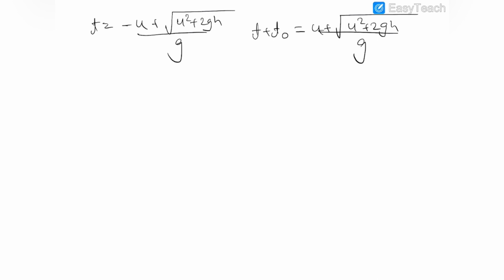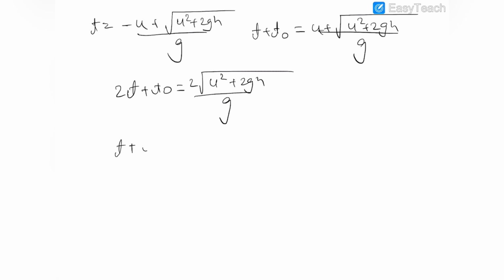Now if we add up these two, 2t plus t naught, then it would be 2 under root u square plus 2gh by g, and this would be t plus t naught by 2 into g, equal to under root of u square plus 2gh.